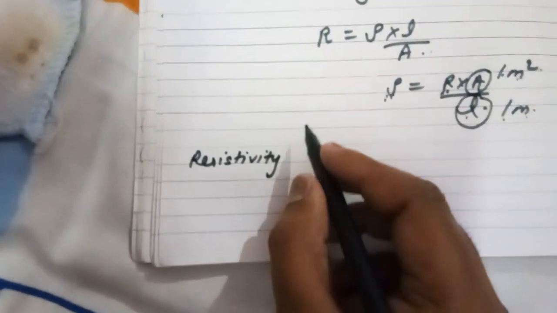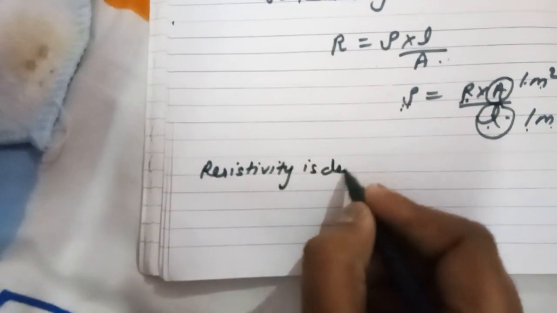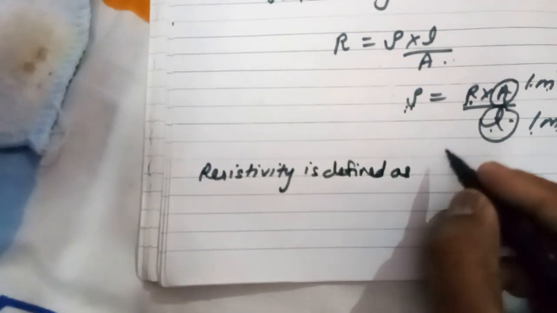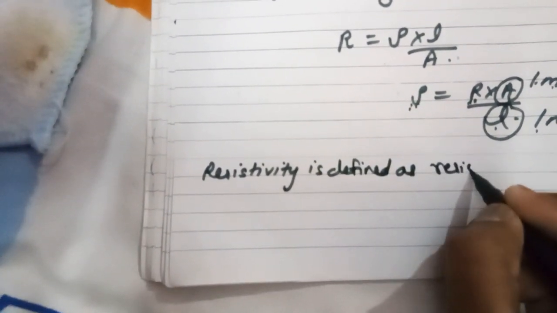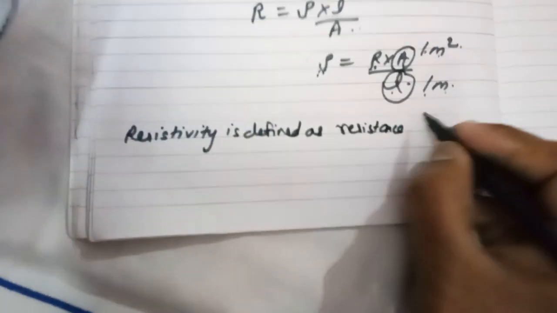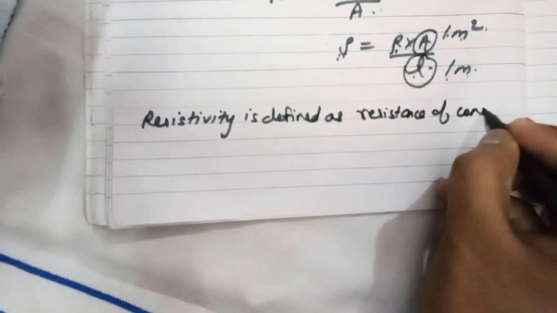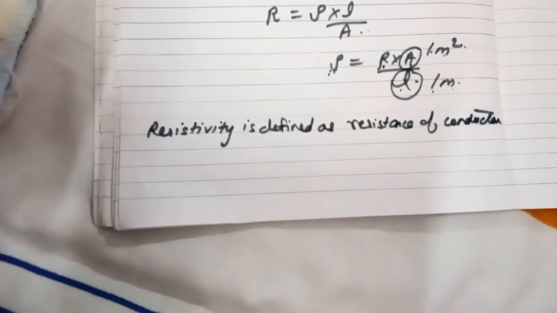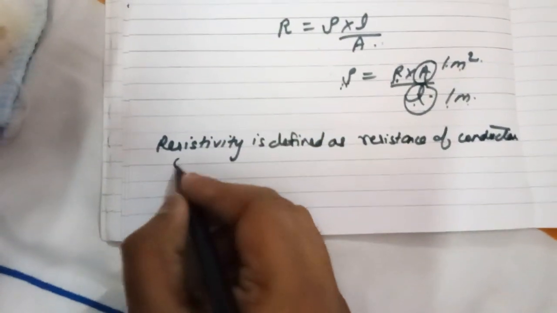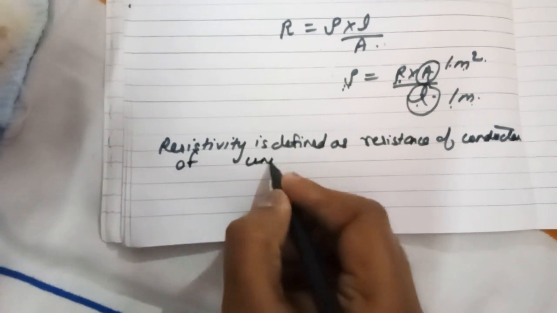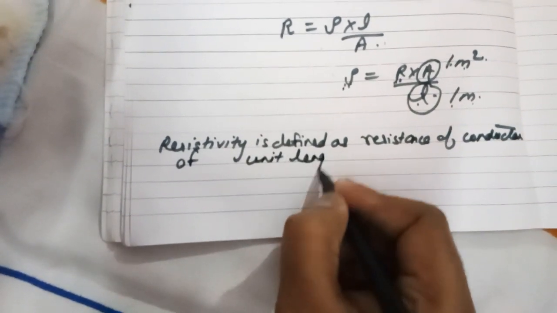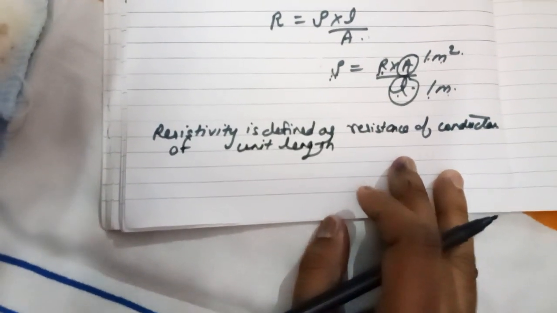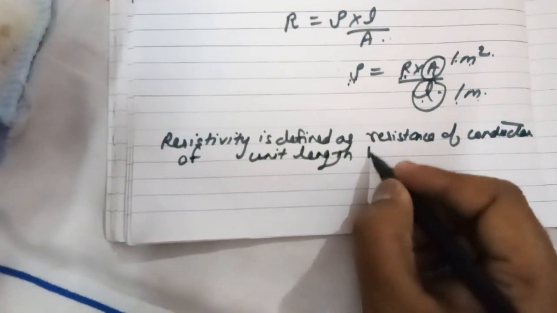Resistivity is defined as the resistance of conductor of unit length per unit area of cross section.